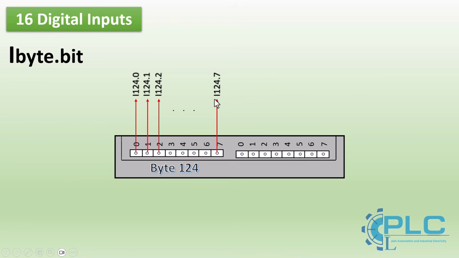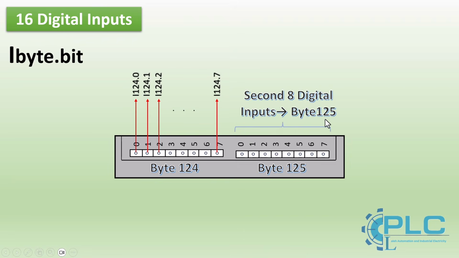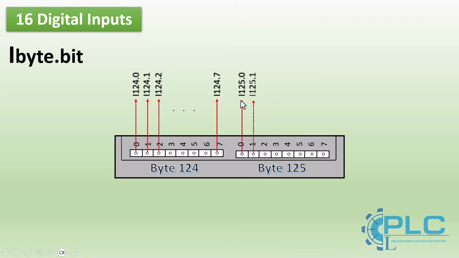Now, we've used all 8 bits of byte 124. So, the next 8 inputs move to the next byte, which is byte 125. Therefore, the 9th input has the address I125.0. The 10th input is I125.1. And this continues until the 16th input, I125.7.